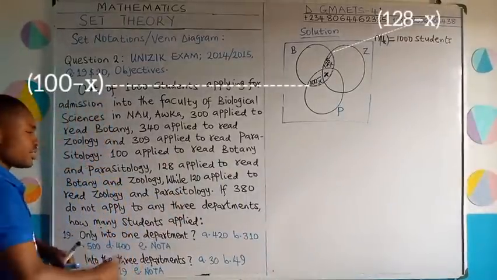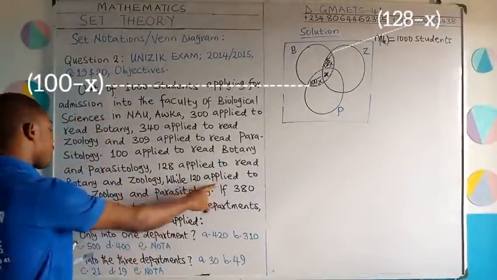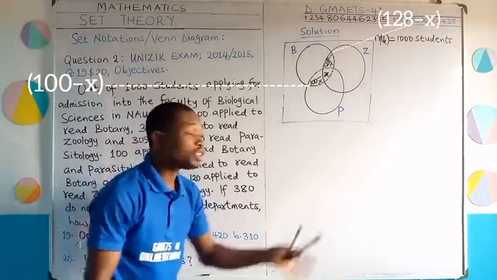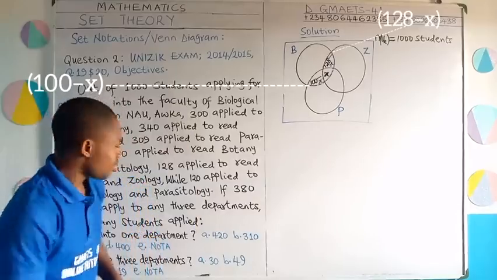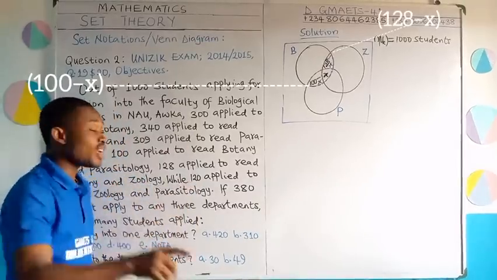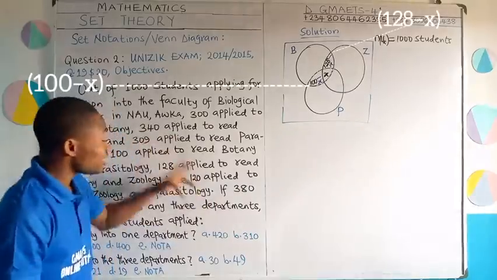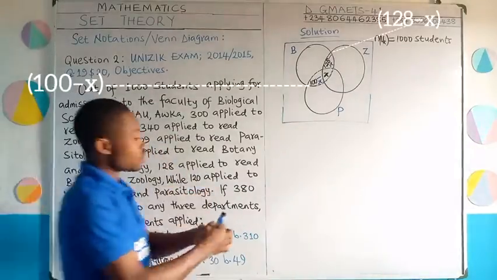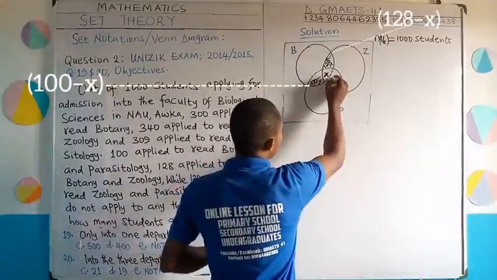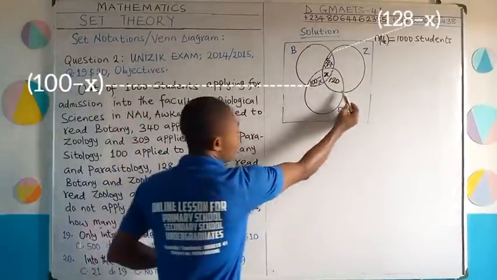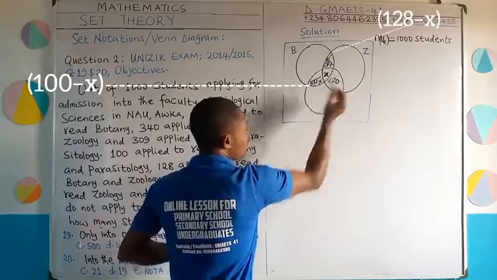We move on to the next. We have that 120 applied to read zoology and parasitology. So I will locate zoology intersection parasitology and write 120. Once again, there is nothing like "only" there. Please take note. If we had that word "only", I would just come here and write 120 in the zoology intersection parasitology part and leave it.